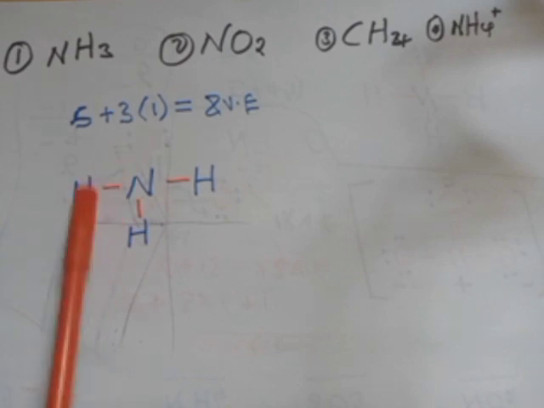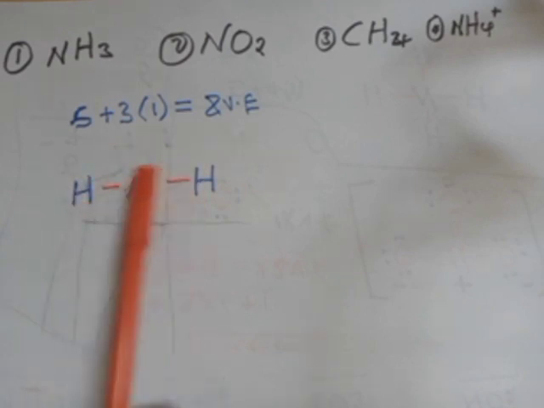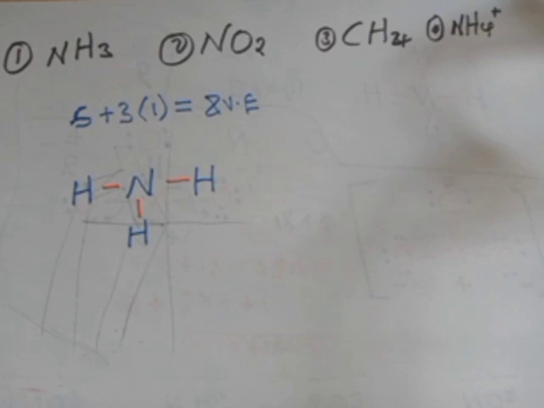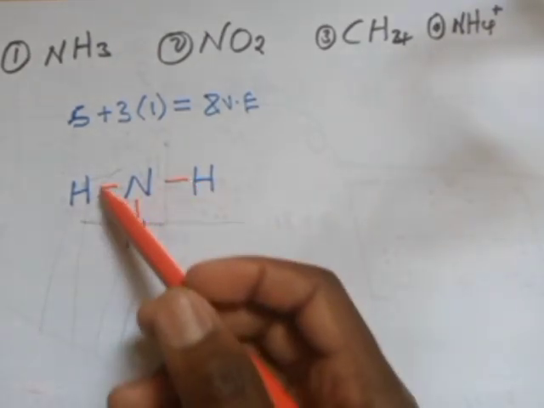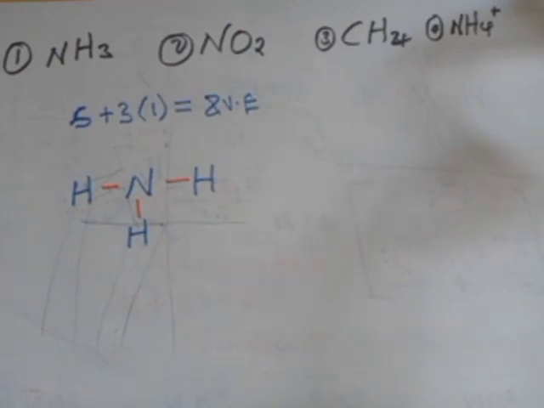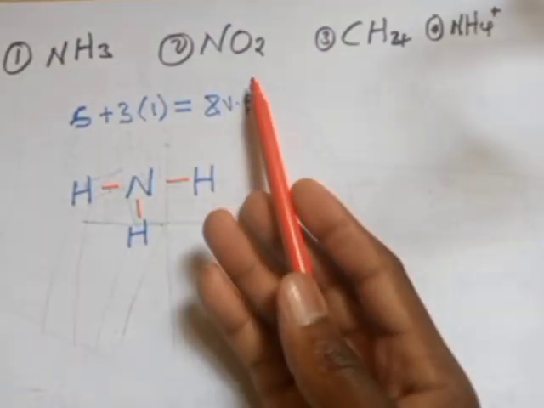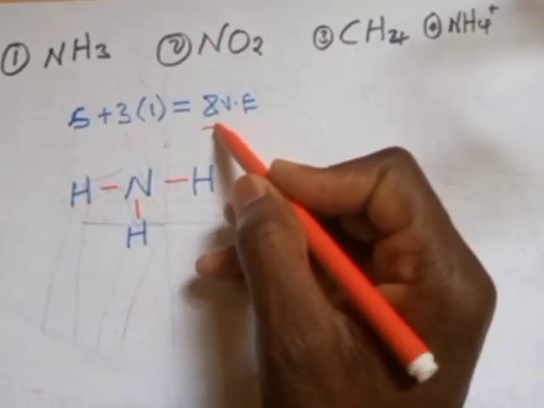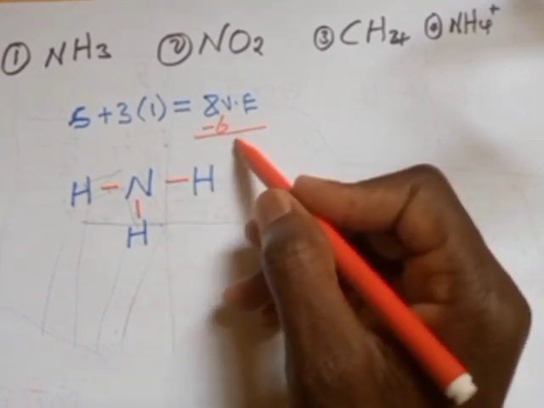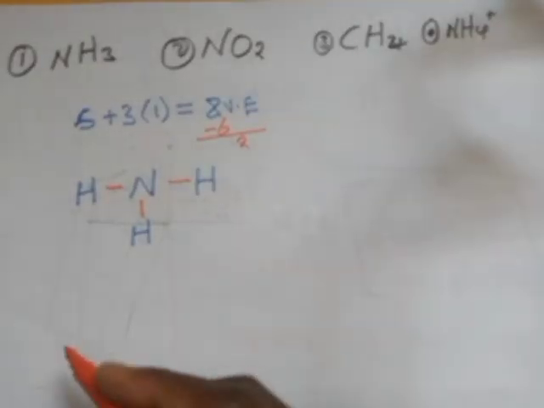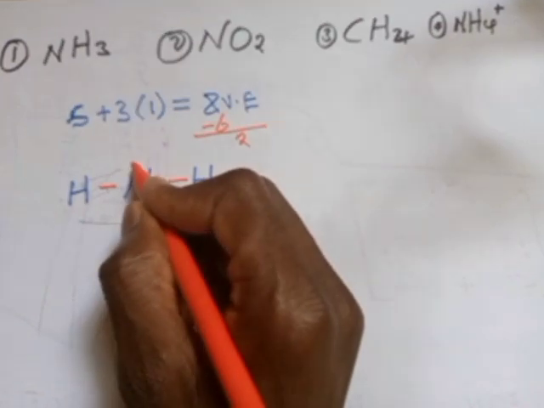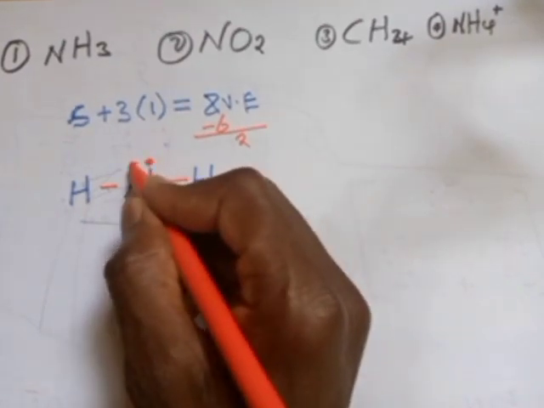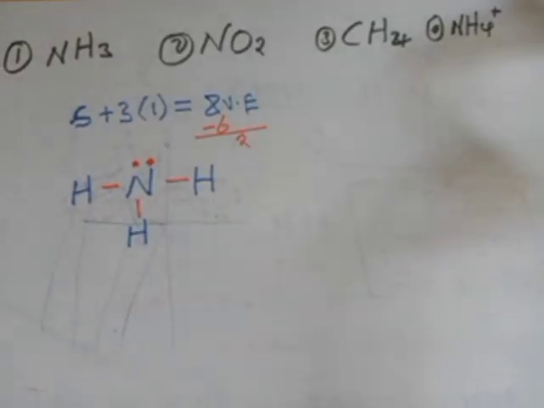Because we have 2 valence electrons in every bond that is being formed here. So if you say 1, 2, 3, we have 6 electrons removed. Whenever you subtract, 8 minus 6, we are going to have 2 electrons remaining. So these electrons are going to be put on the central atom.